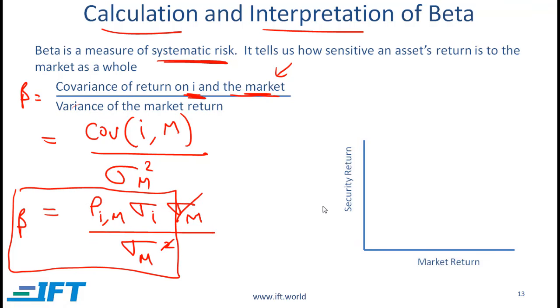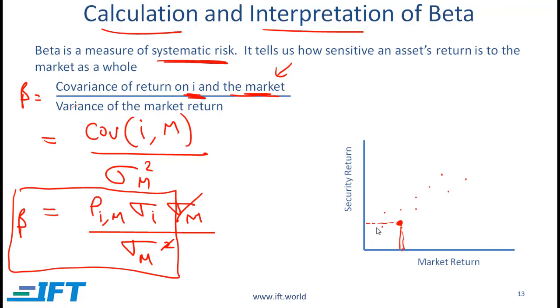Practically speaking, we calculate the beta for a stock using regression. Let's say that you consider a particular stock and you look at the last 100 months of return data for the stock and the market. You will come up with some sort of a scatter plot where each point represents a given month, and this point would, for example, be the market return and the stock return for a particular month.